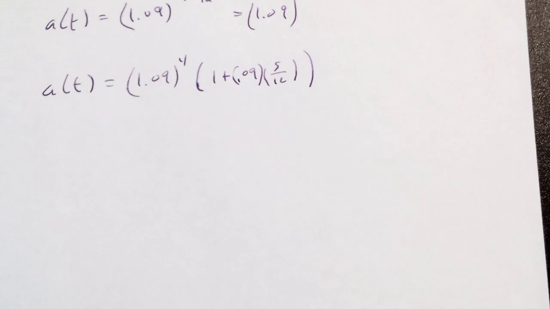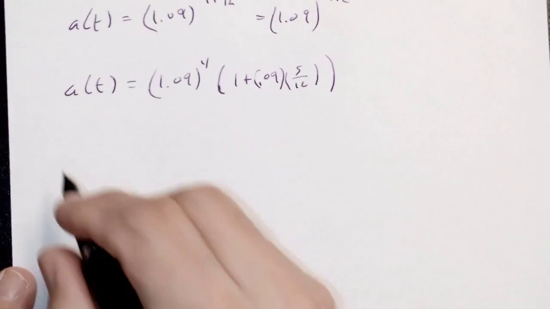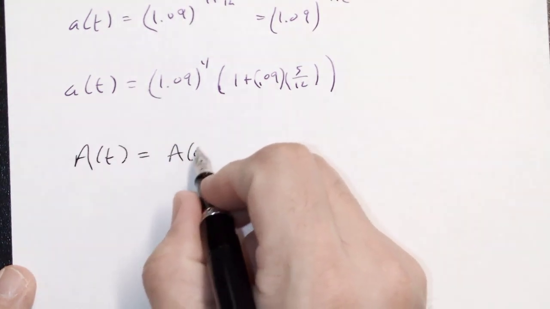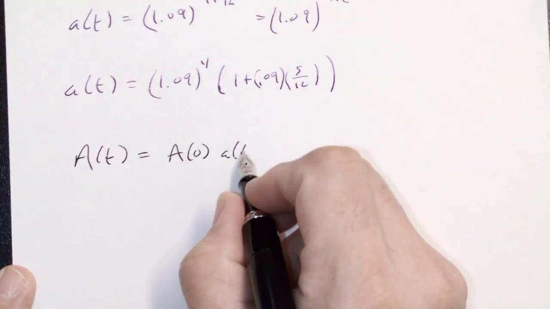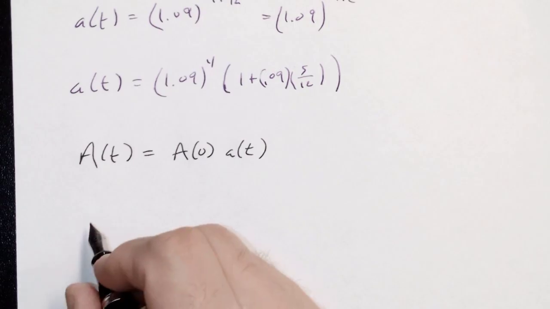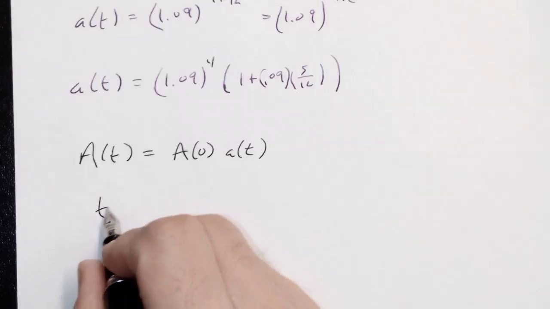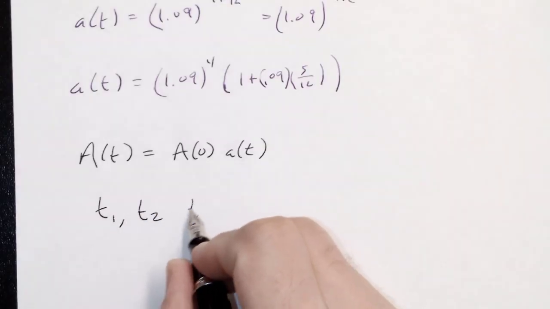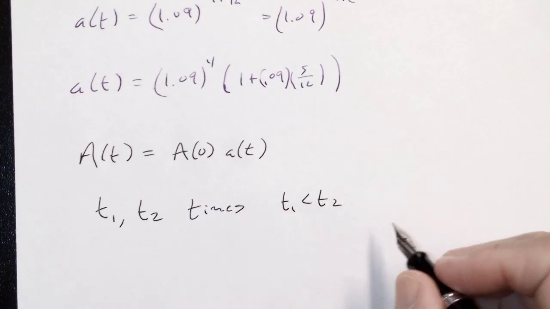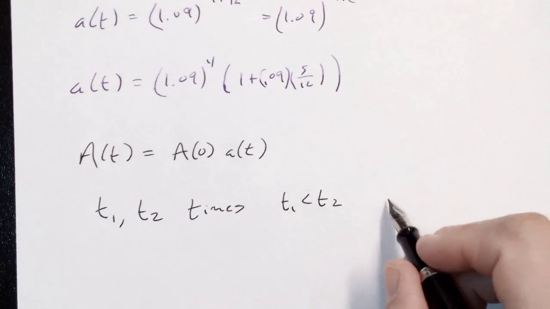So we have an accumulated amount function, right? Capital A of t is A of 0 times little a of t. And that means we can think of this as a function I can do net change in. Wait a minute. If I have 2 times, I can ask how much did my accumulated value change?